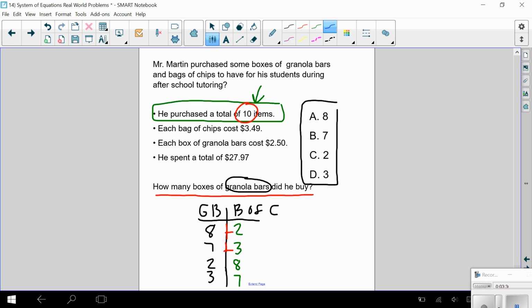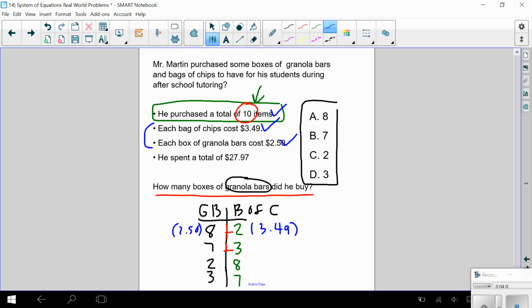Next, we're going to look at the cost of the items. Each bag of chips costs $3.49, and each granola bar costs $2.50. Okay, so we've used that piece of information.